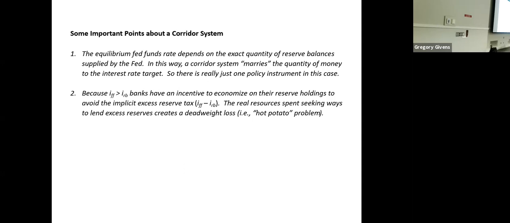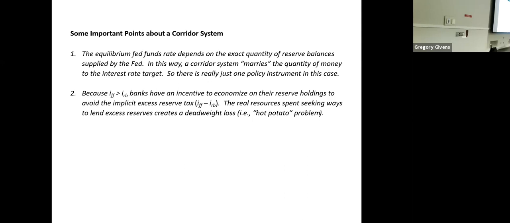Now, what happens in that world? Think about this. If banks are facing this implicit tax on holding excess reserves, then they're going to want to seek ways of getting rid of those reserves by trying to lend those reserves to other financial institutions. The real resources that are spent by banks trying to lend those excess reserves creates a deadweight loss in the economy. It's been described as kind of the hot potato problem, right? You guys ever play that game?